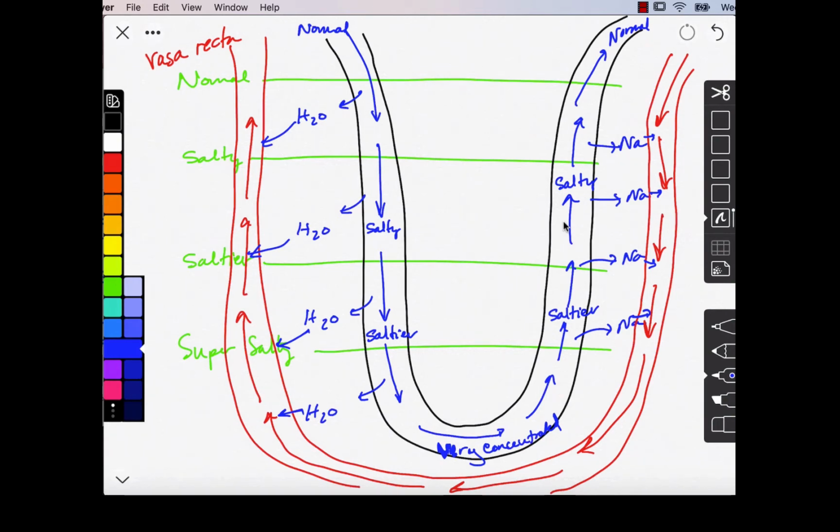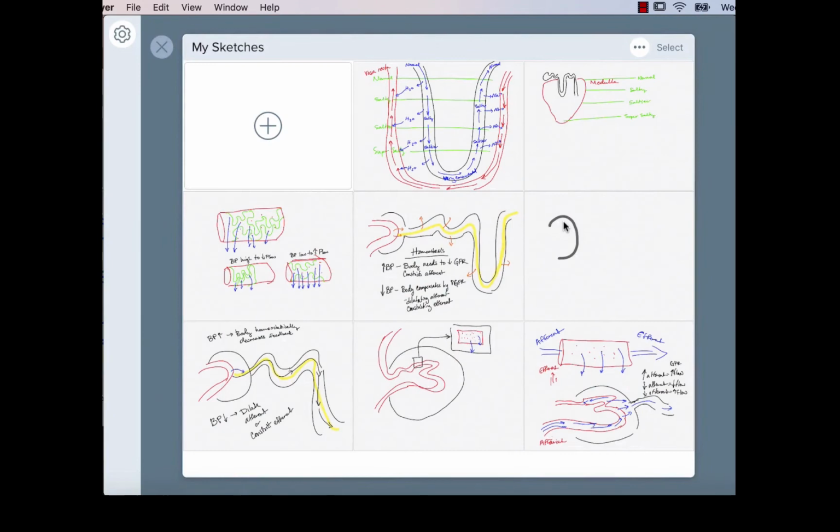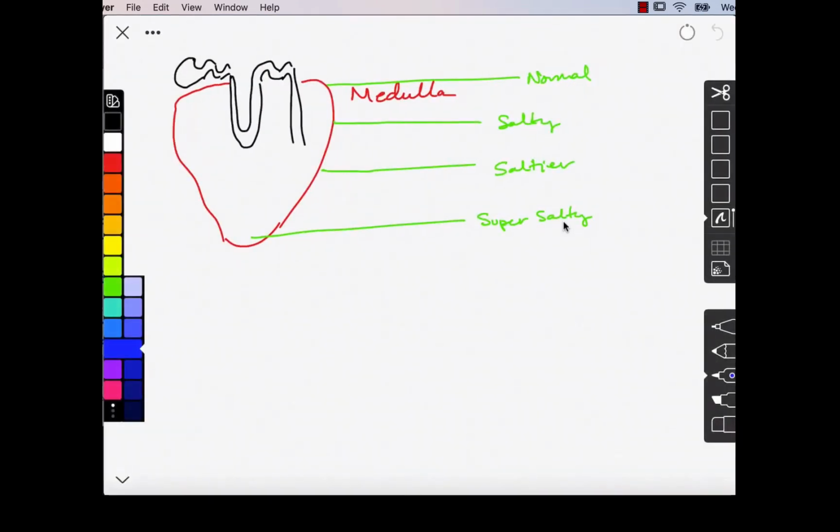Now, the longer the loop, the more salty the solution around it gets. And what that means is that a longer loop of Henle, so if I draw in one here that goes all the way down here, this blue loop would have a greater concentrating power than the black loop that I drew.